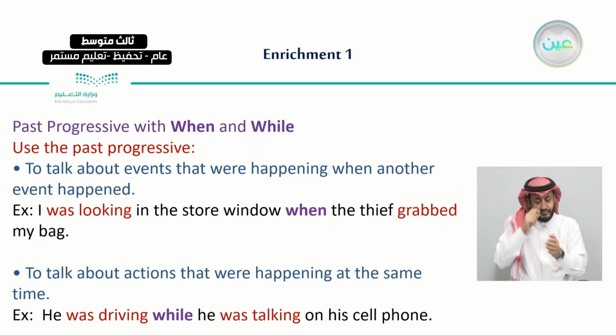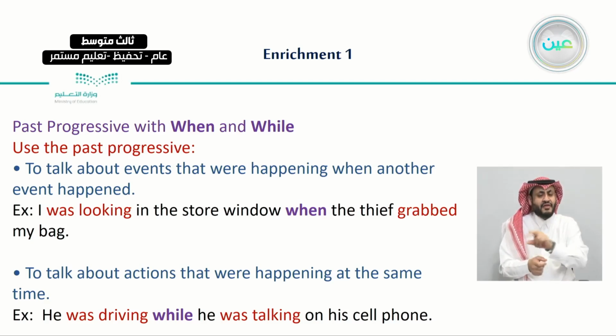And also we learned about the past progressive with when and while, and we said that we use the past progressive to talk about events that were happening when another event happened. So when we have two events happening at the same time, in this case we use when and while, and we have learned the difference between them.